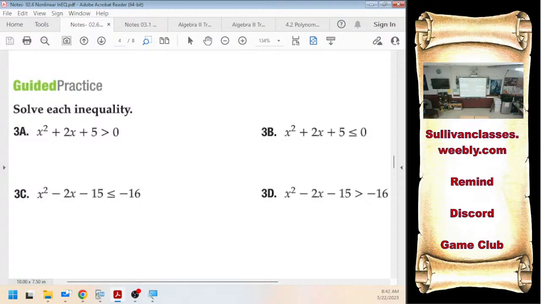Math monkeys. Those funky monkeys. Okay, so these are quadratics with kind of special characteristics. If you figure out where that vertex is, you'll probably be fine.